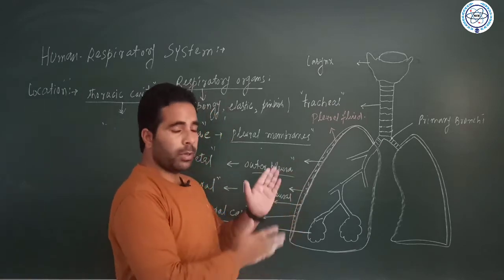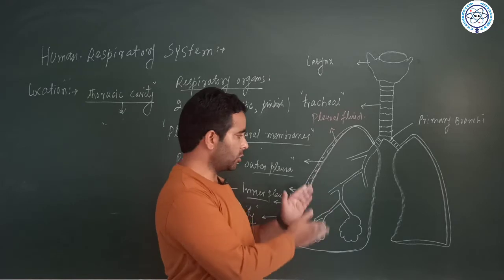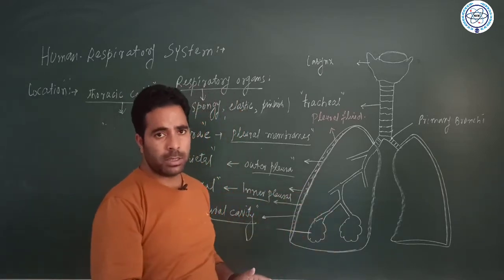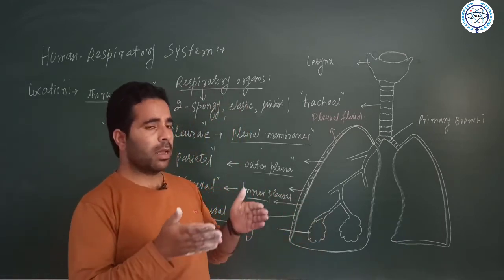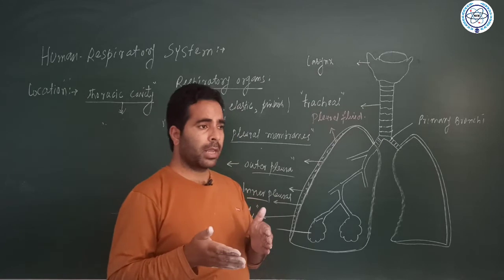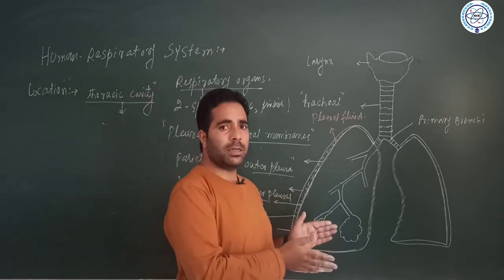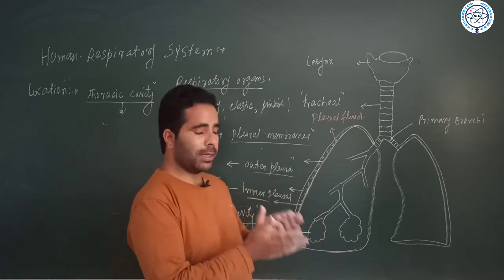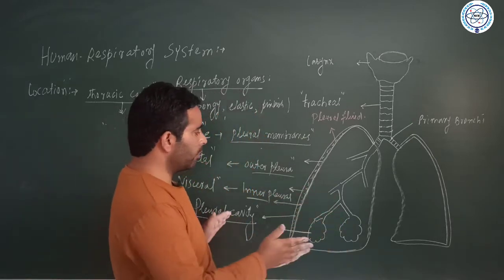This is known as pleural fluid, and it must be there because it's very important for the sliding of these two membranes over one another during inspiration and expiration, and that enables frictionless movements of the lungs during respiration. These lungs need flexibility and space outside, and that accommodation is provided by these pleural membranes.